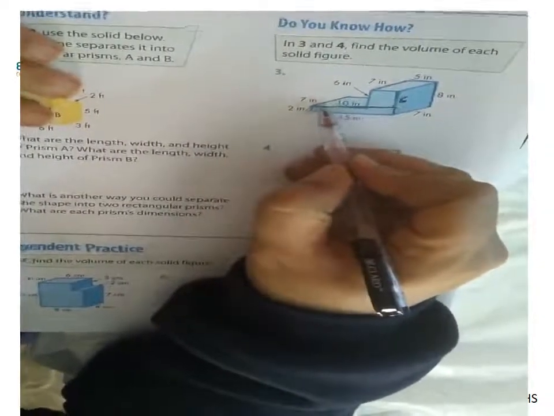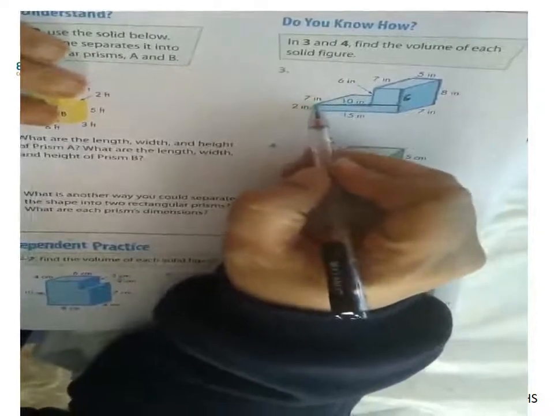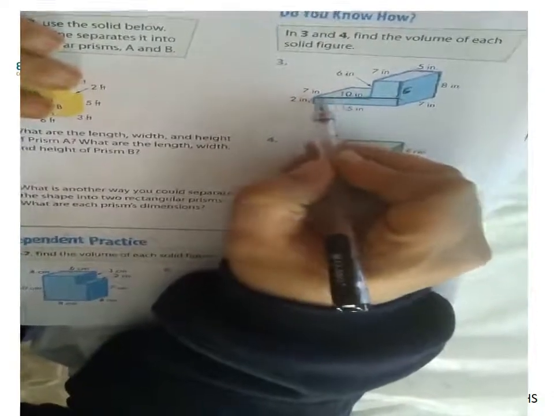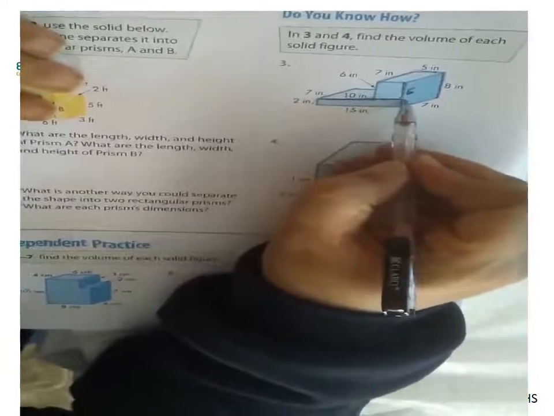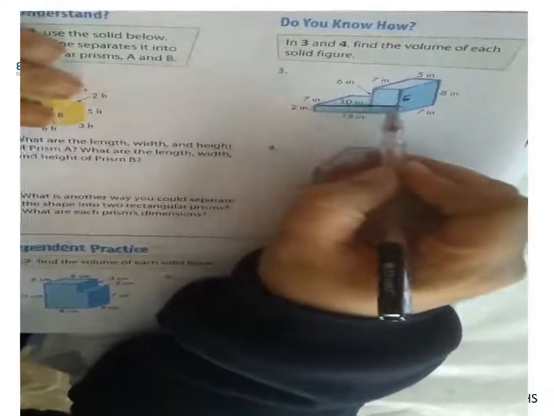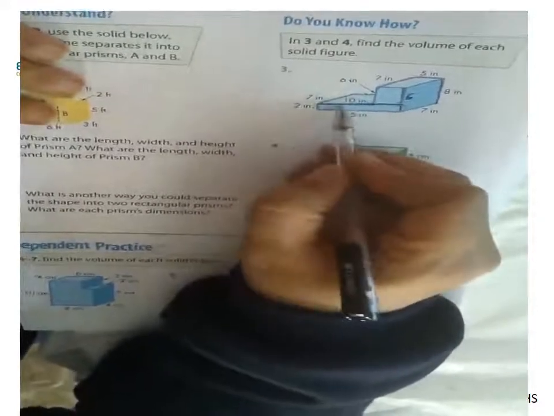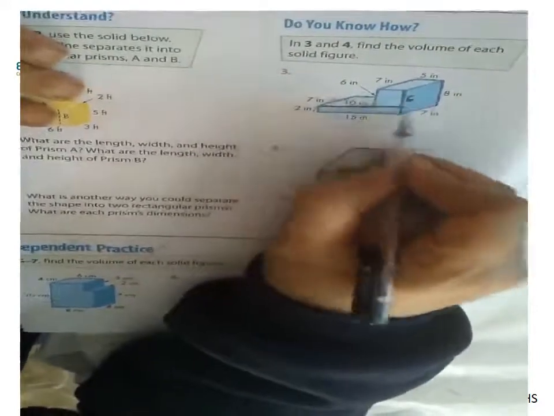The lower one: 7, and equals 10 or 15. Yes, 10 for the left one, but we need all the lower one here.